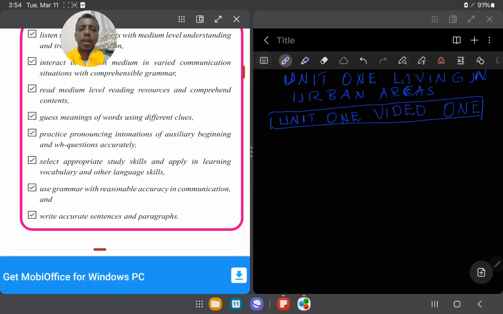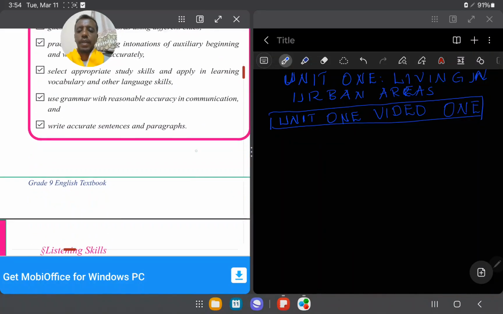The first one is listening, the second one is reading, then speaking, and the last one is writing. So focus on these 4 skills. You can ask yourself which one is our first priority in each subunit.